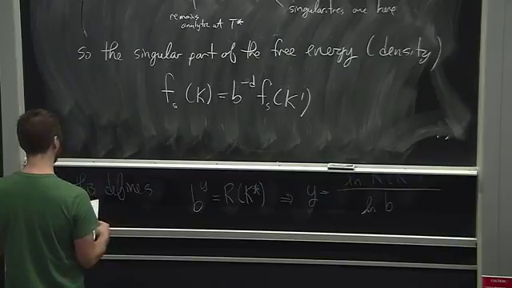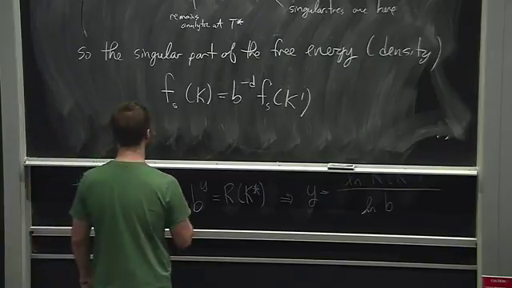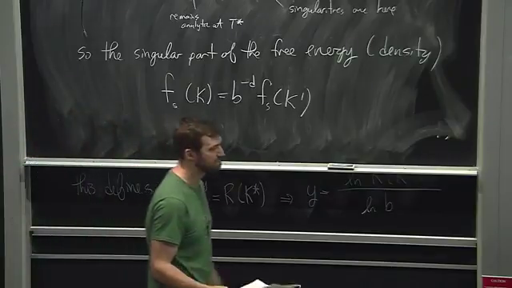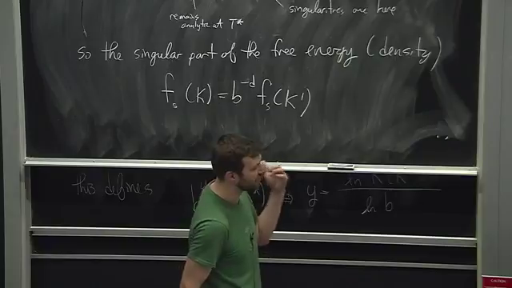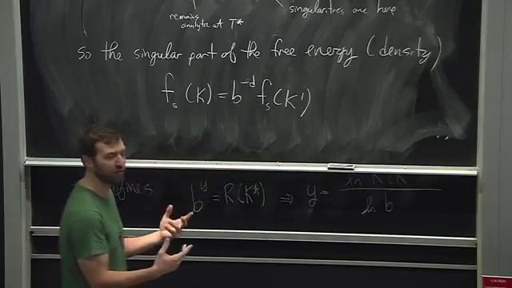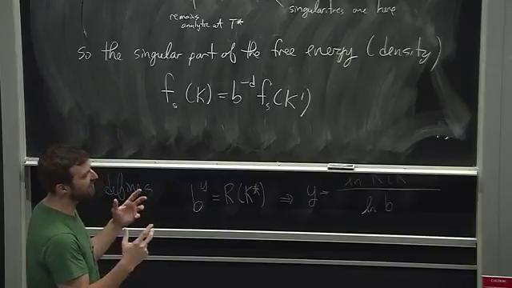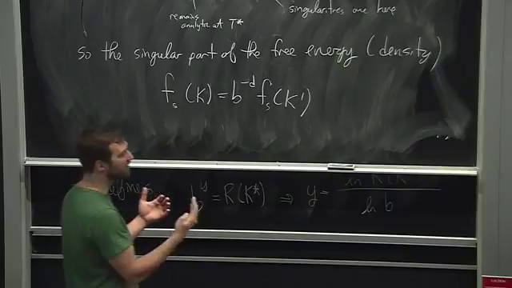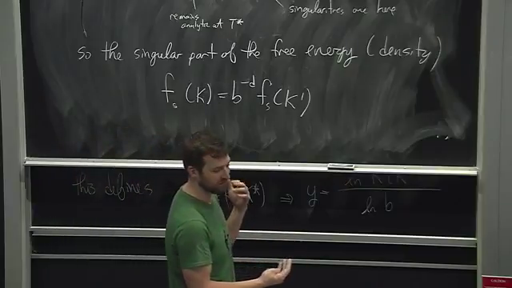So close to the fixed point, let's ignore the irrelevant variables. So let's assume we have two variables. I only have one, but I want to generalize this. So this is what I'm going to do on Friday. I want to generalize the fact that we have just the temperature, but I also want to include anything.